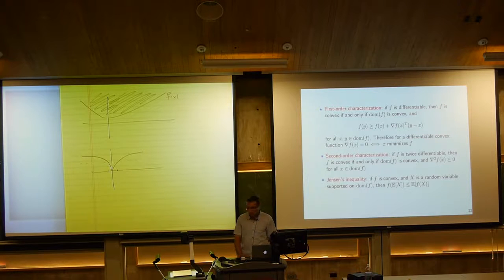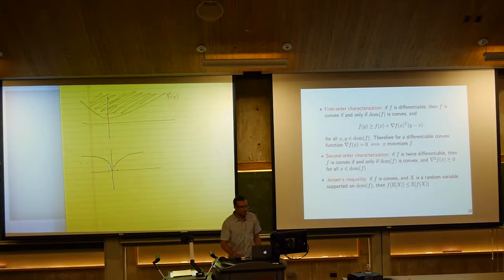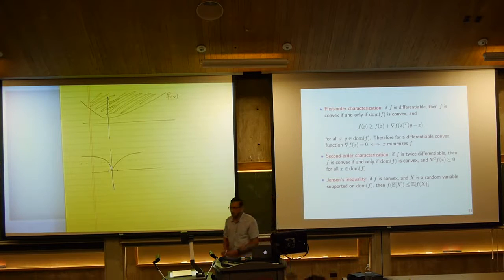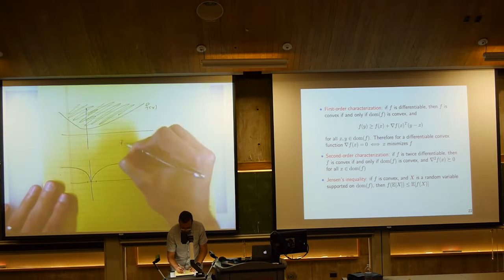These are the real important ones that I went through really quickly last time. If f is smooth, then it's convex if and only if it lies above its tangent line everywhere. That's what this is saying mathematically. We must have the property that for any x and any y, f of y is bigger than or equal to f of x plus the gradient of f of x transpose times y minus x. In one dimension, if f was just a univariate function, it would be this condition.